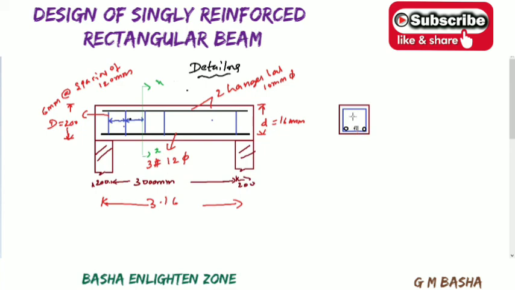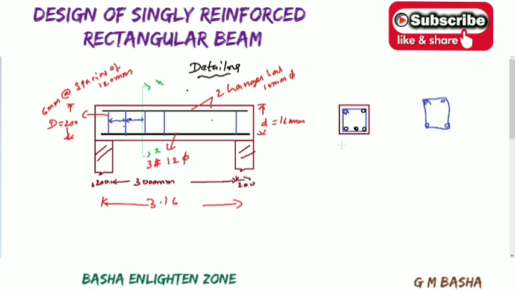Each and everything will be in the same range and same length only, but it is not convenient for me to draw it here. The two-legged stirrup will have 4 bars, as I already showed you, it goes around like this and closes here like this. That is the reason I am mentioning it like this.